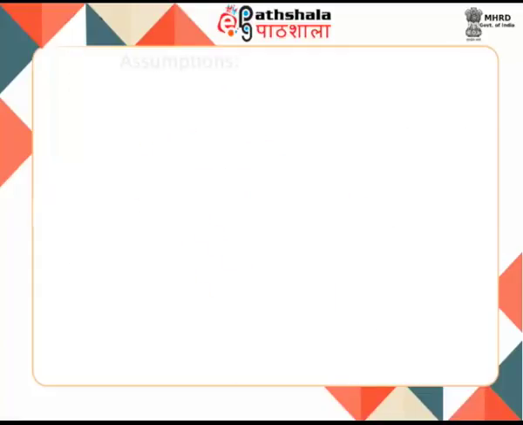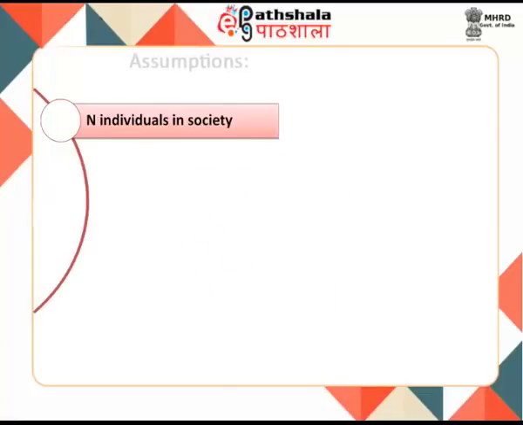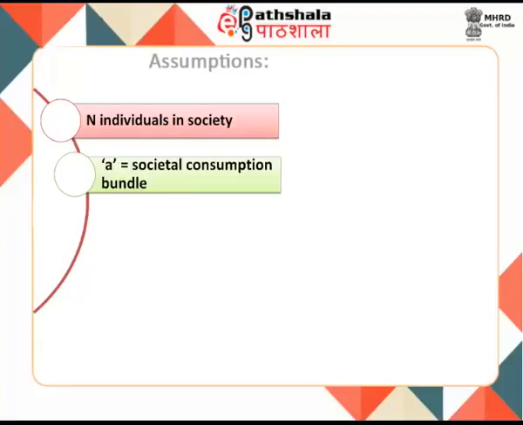Next, we assume that there are n individuals in the society. Then, a societal consumption bundle will include all the market goods consumed by each individual separately and the environmental good consumed collectively.